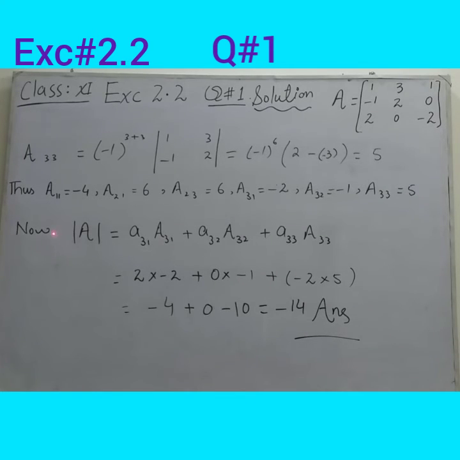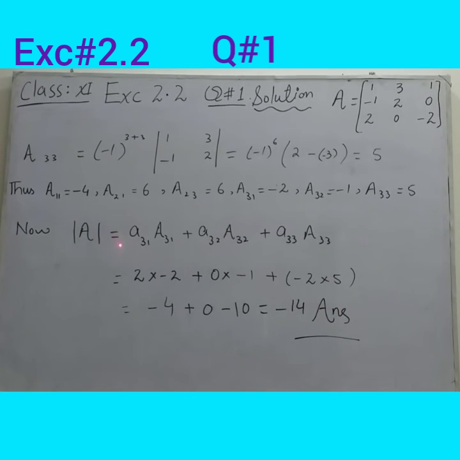Now, to find the determinant, we will use the cofactors from here and check whether we have 3 cofactors of any one row or any one column. Here, yes, we have of the third row, that is third row first column, third row second column, third row third column. So we will use these cofactors with their elements to find the determinant.